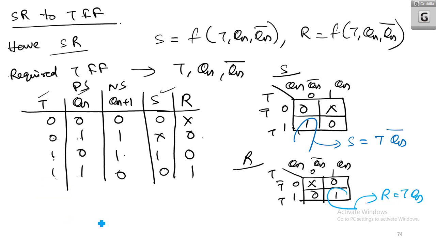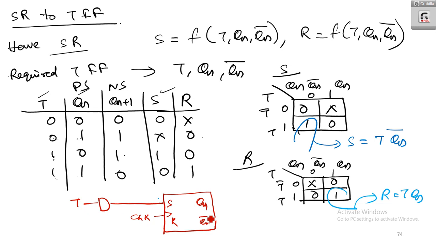So how do you draw the logic circuit for this? We have an SR flip-flop. Anyway, clock is there. This is Qn and Qn bar. Input is T only. S is equal to T Qn bar, so this is an AND gate, and here I have Qn bar.